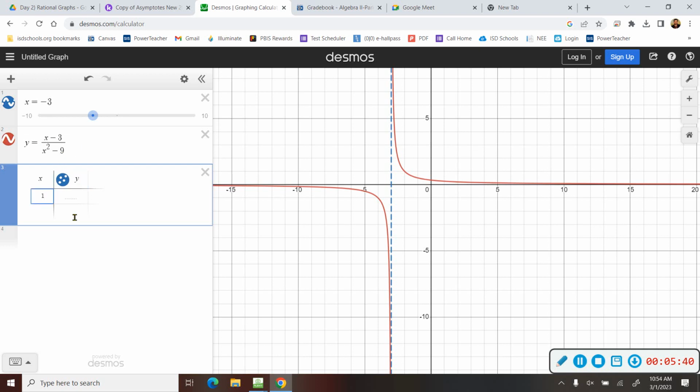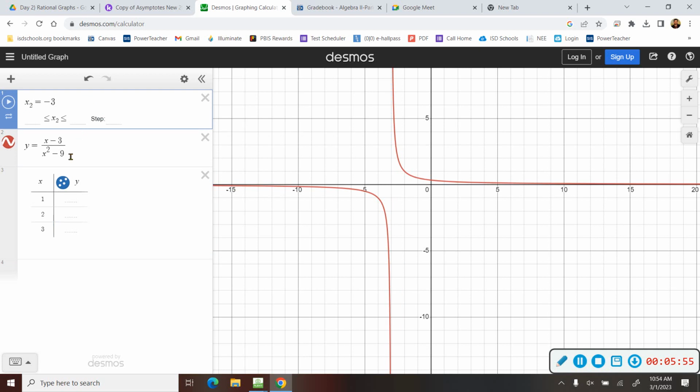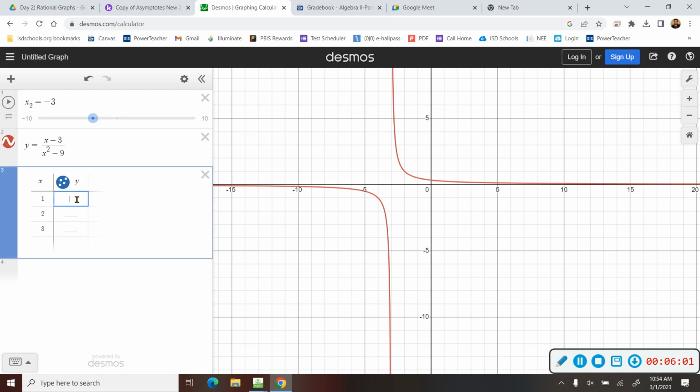And then when I plug in 1, oh, it's still confused because this is a function, this is a function. It doesn't know which one to make a table for. So I'll let that one be X2, and we'll let that one be just X, and it should plug in. Maybe if I put a Y2 and make that a Y2, there we go.